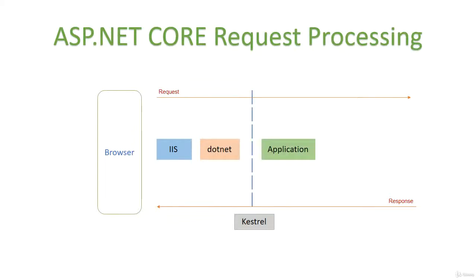The Main method and the Startup class would configure the app, and the request would be routed from IIS to Kestrel, and then pushed to the application and processed by all the middlewares, which generate the response and route it back to Kestrel, and then back to IIS, which will produce the response on the browser.